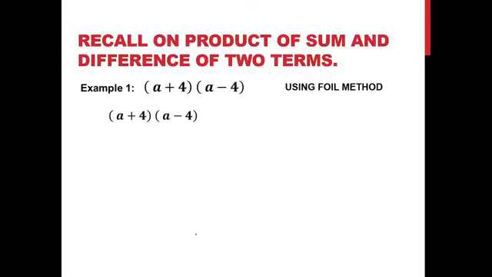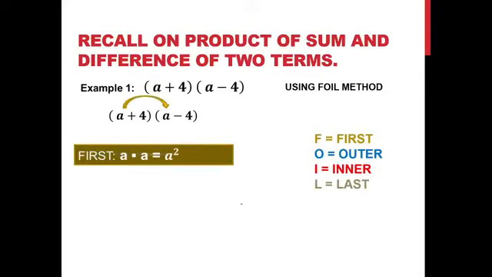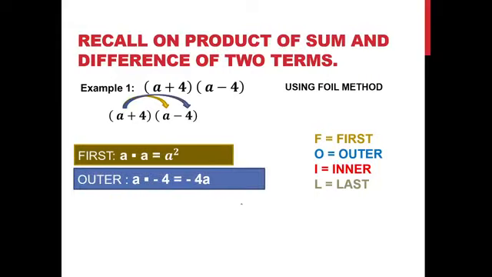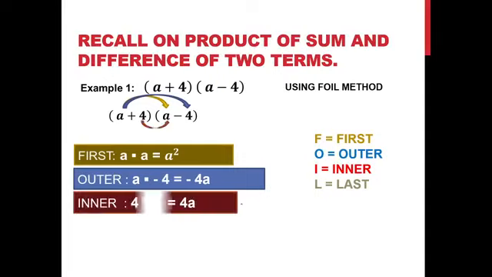To prove this one, I'm going to show you this one using FOIL method. The FOIL method stands for first, outer, inner, and last. Let's start with the first term. There you go. That's a times a, squared. Outer terms, a times 4, negative 4 to be specific, that's negative 4a.